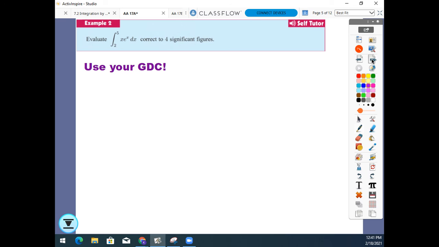All right, so we're going to use our graphing calculator. This is slick. So if this is a calculator problem, please, please, please use it. All right, so because there's no way to find that antiderivative with what we know right now, you'll learn this in Calc 2 for those that move on.